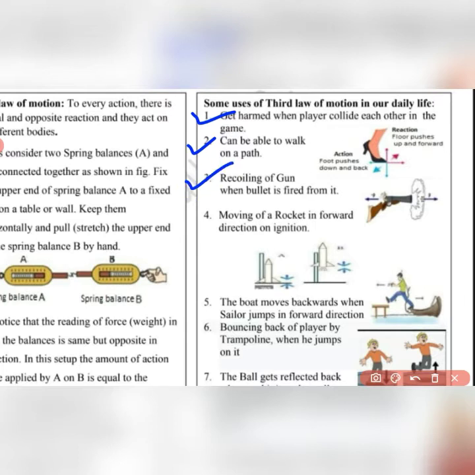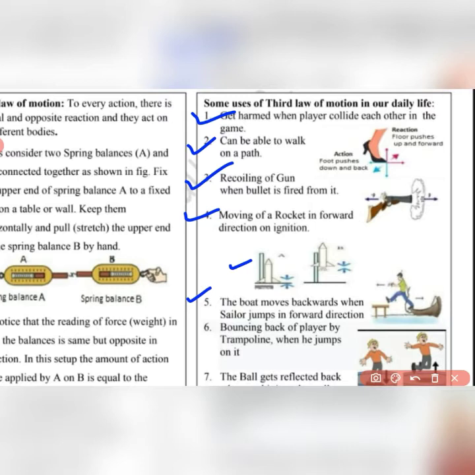Third is the recoiling of a gun when a bullet is fired from it. Fourth, the moving of a rocket in the forward direction on ignition. Fifth example, the boat moves in the backward direction when the sailor jumps in the forward direction. When the sailor is moving towards the harbor, he is exerting force in the forward direction, and in turn the boat moves in the backward direction due to the force exerted by the sailor.